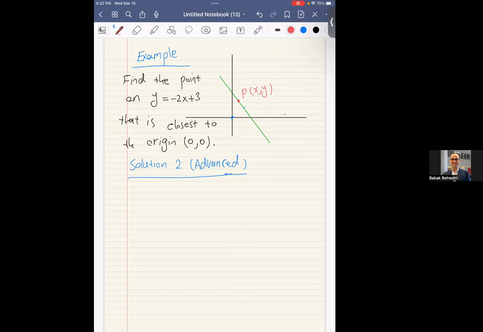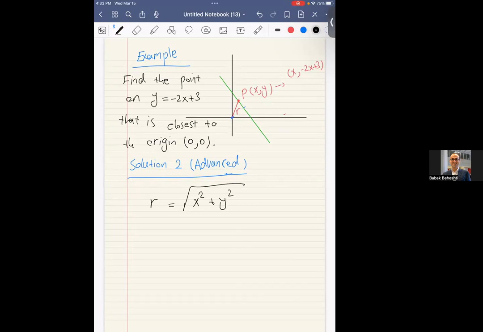So the distance r between this point P and the origin is equal to the square root of x squared plus y squared.